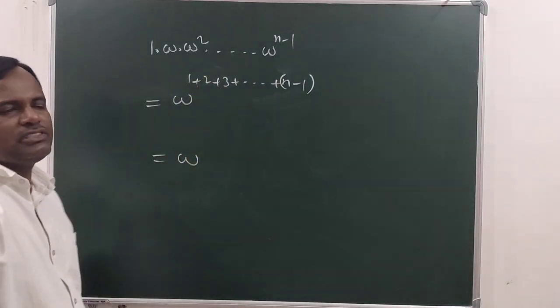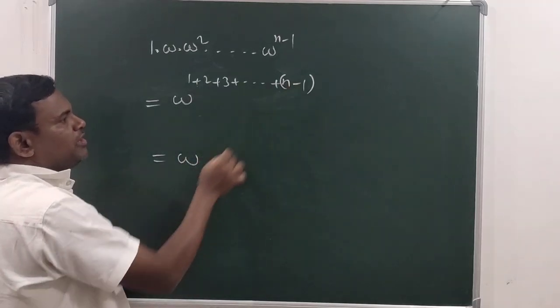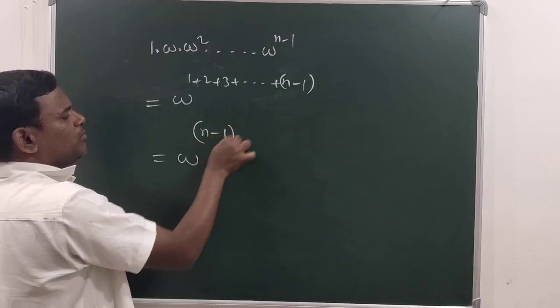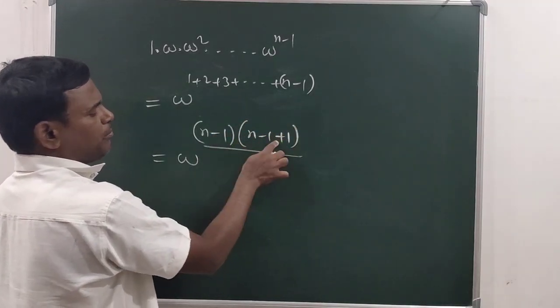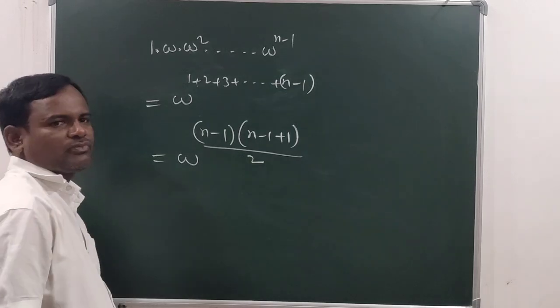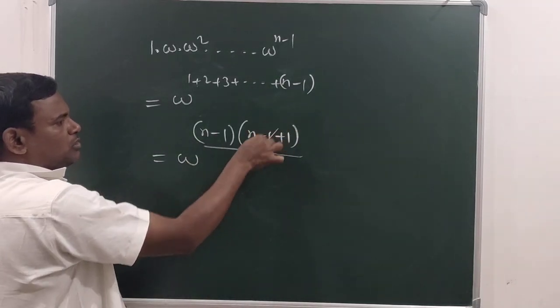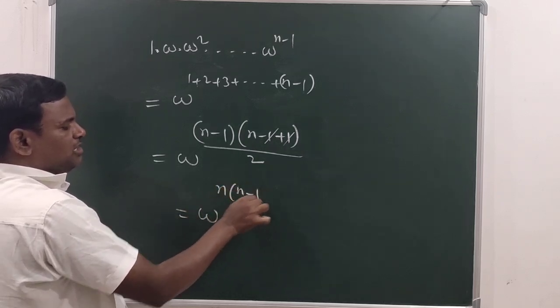Sum of first n minus 1 natural numbers. The sum of first n minus 1 natural numbers is n into n minus 1 plus 1, n into n by 2, n into n minus 1 by 2. Omega power n into n minus 1 by 2.